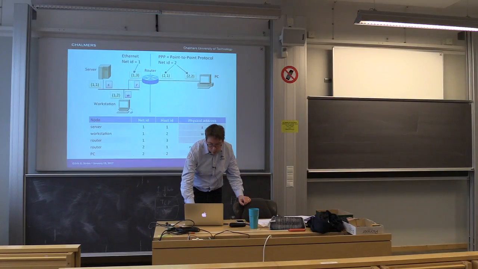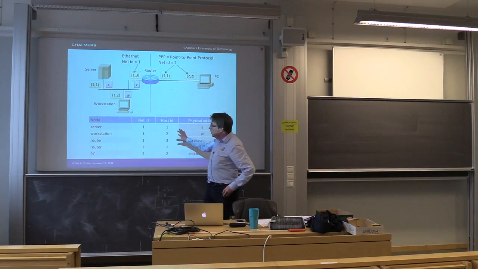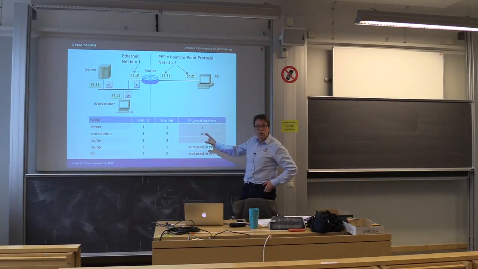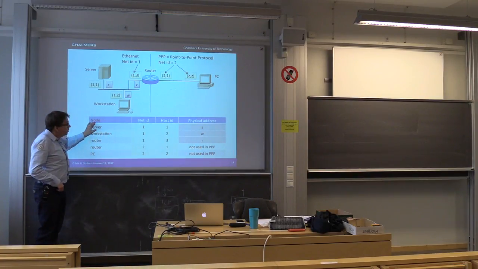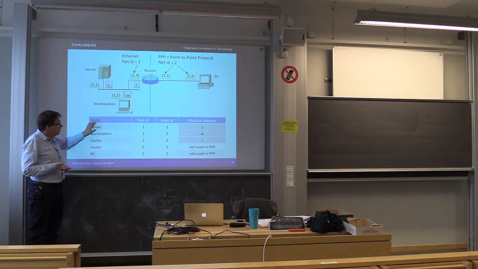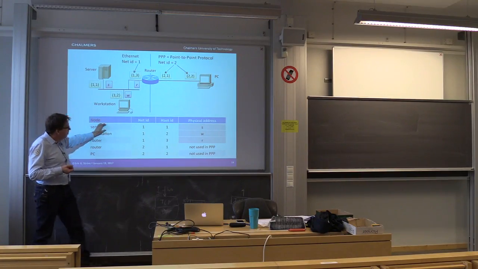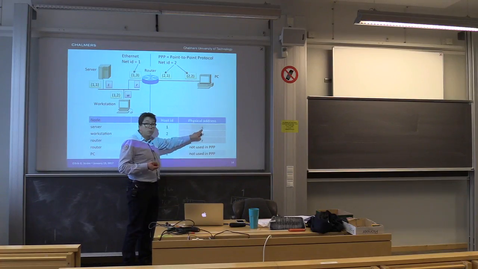Okay, sorry for this. Here, this table needs to be populated at each node. So the server, for instance, needs to figure out, for its routing table, the physical address of the nodes which are attached to the same network as itself. So the server needs to know the physical address of the workstation and the router. The server knows its own physical address, right?